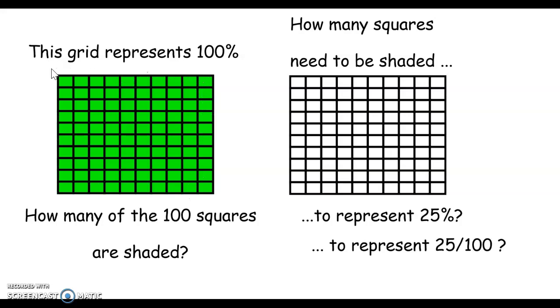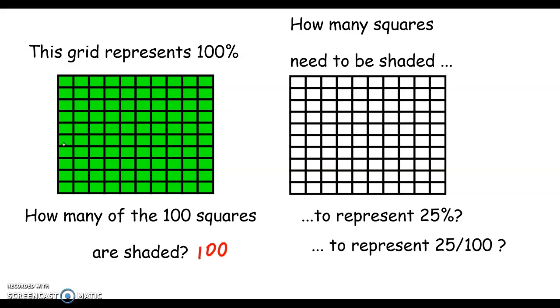There's 10 squares across and 10 squares down. So 10 times 10, there's 100 squares in this 100 grid. How many of these squares are shaded? Well, let me get my pen out. 100 of them are, right? 100 squares shaded green.